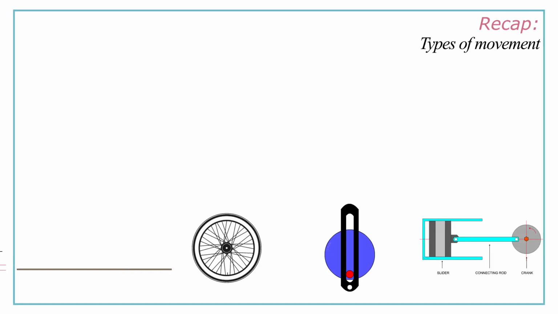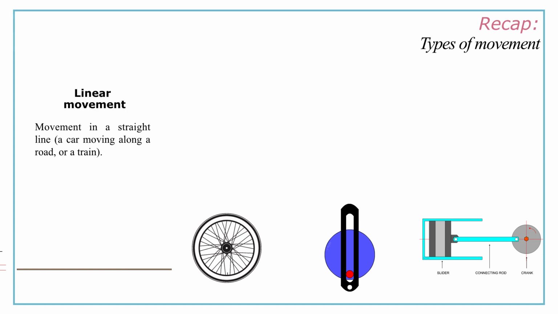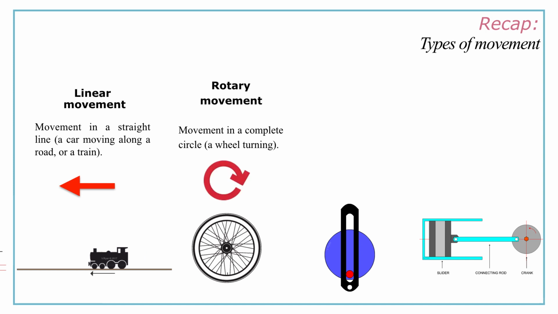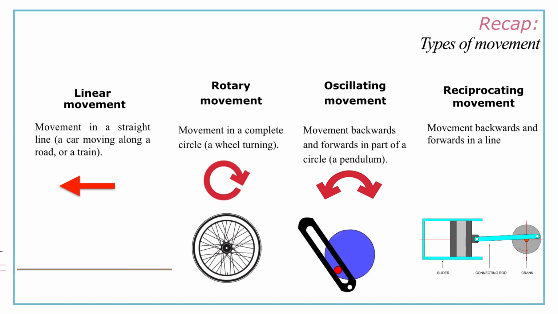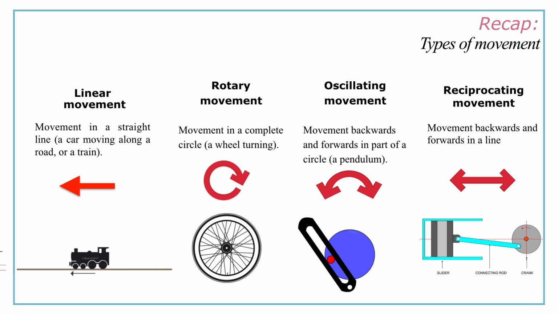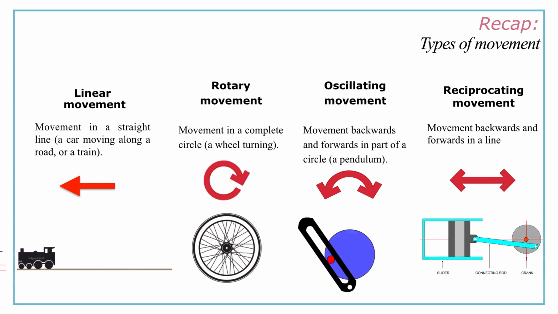There are four types of movement, and each can be represented by a different symbol.